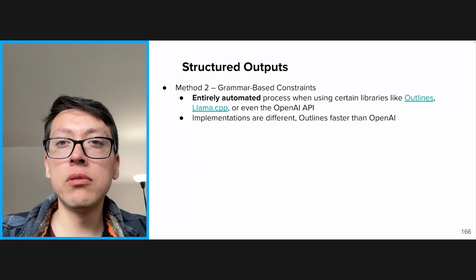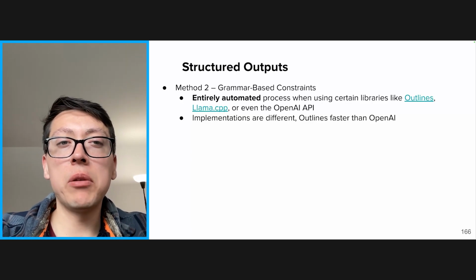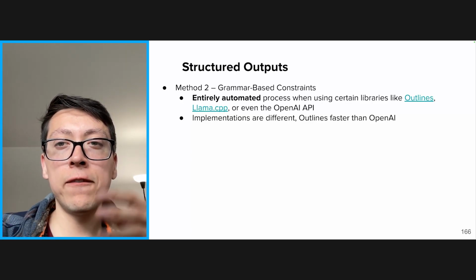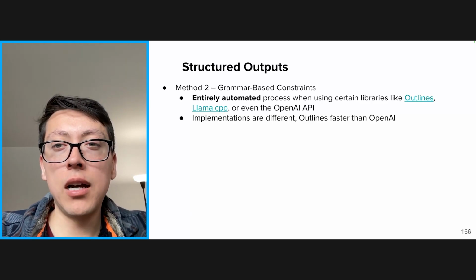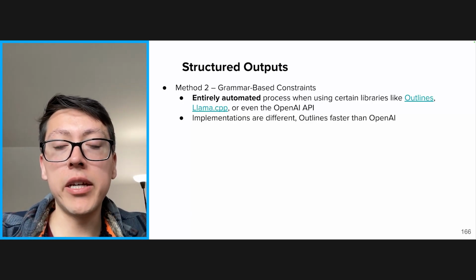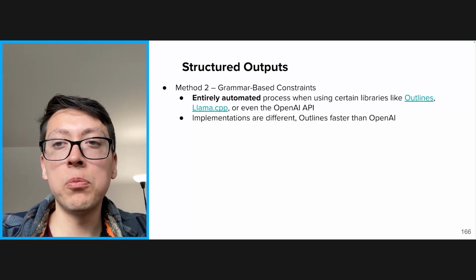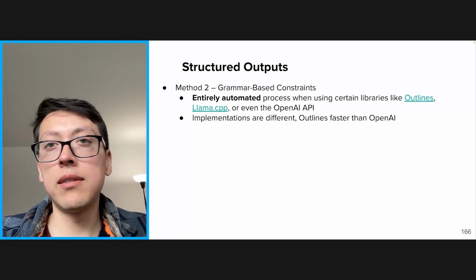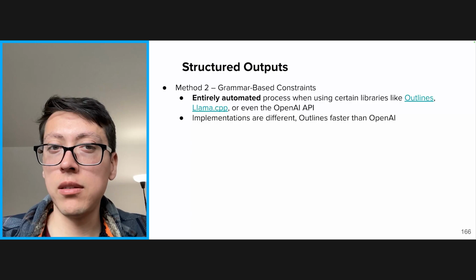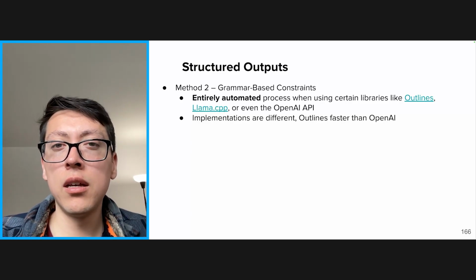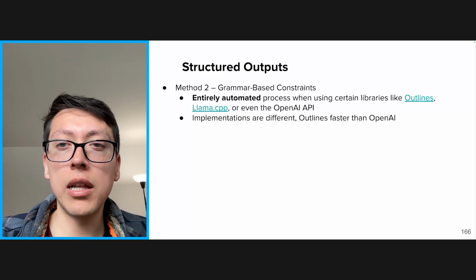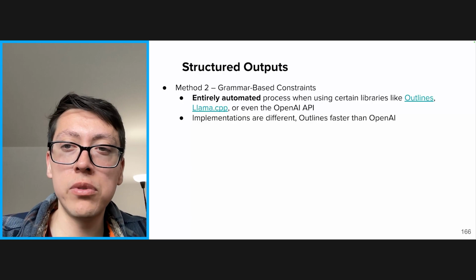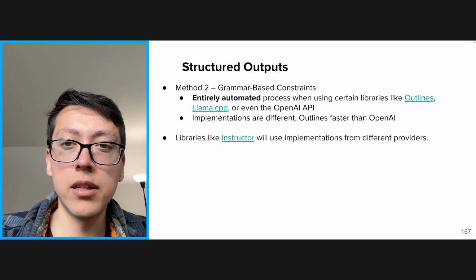I just want to say that different implementations can have varying speeds, and for example, Outlines, their implementation is quite faster than the OpenAI one. So that's interesting to note. And so if you're mainly using open source or open weight models, then I recommend you use Outlines. If you have to use OpenAI models, then yeah, you will have to use the OpenAI implementation.